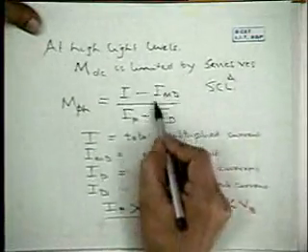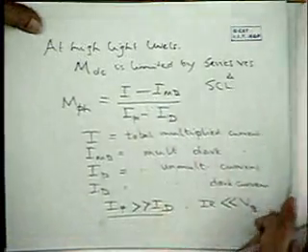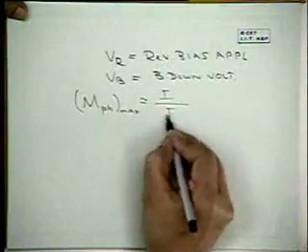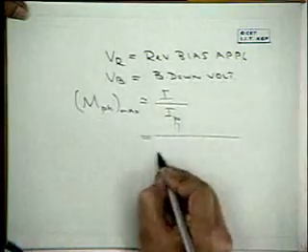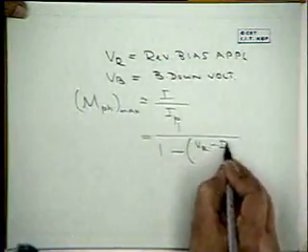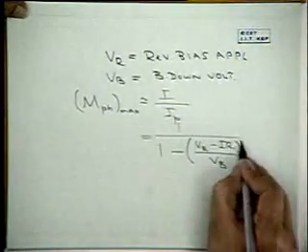From this expression, what we are doing is this is negligible, this is negligible. Okay, so we just I by IP, and this can be written as 1 minus VR minus IR over VB to the power n.